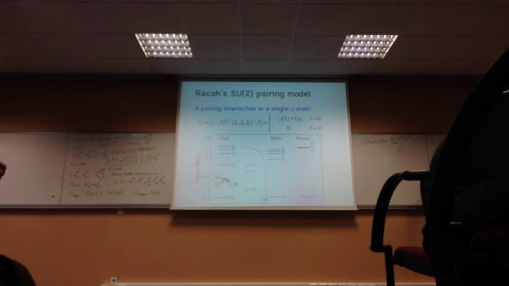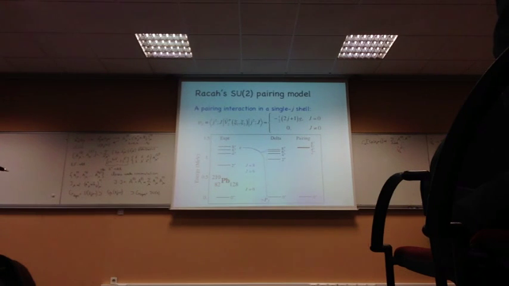The entire V2 is specified by all those matrix elements, where J goes from 0 to 2J minus 1, even. All those numbers specify the interaction.